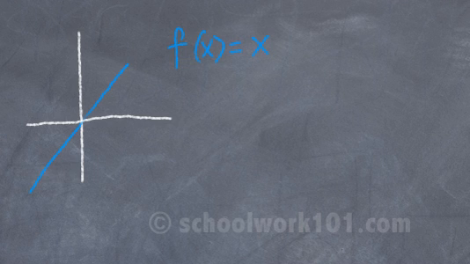Another one is, I think I'll just go ahead and draw it on this same graph, is this guy. And this is supposed to be, we'll call this h of x. This is a parabola. So when you see x squared, you need to think of a parabola. Right? X squared, think of a parabola.